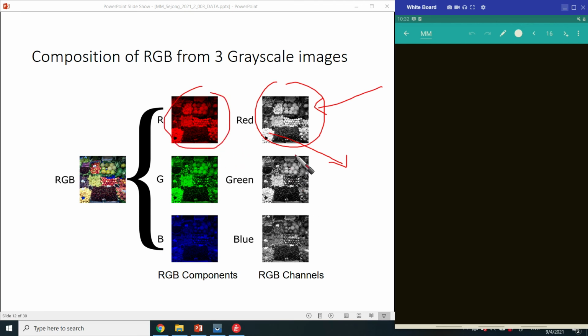Similarly, if you expose green light on that, the white part will reflect the green light and the other part will absorb that light. Similarly, if you expose blue light on the blue channel, only the whitest portion will reflect most of the blue light, and if other parts are more black, there will be less reflection of blue light.